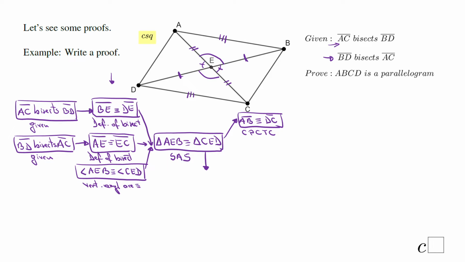Like this. I can write angle ECD, this guy, and these guys are congruent. So angle ECD congruent with angle EAB.